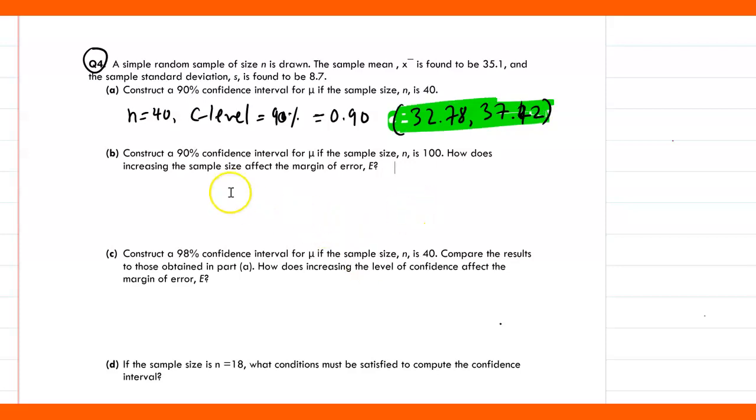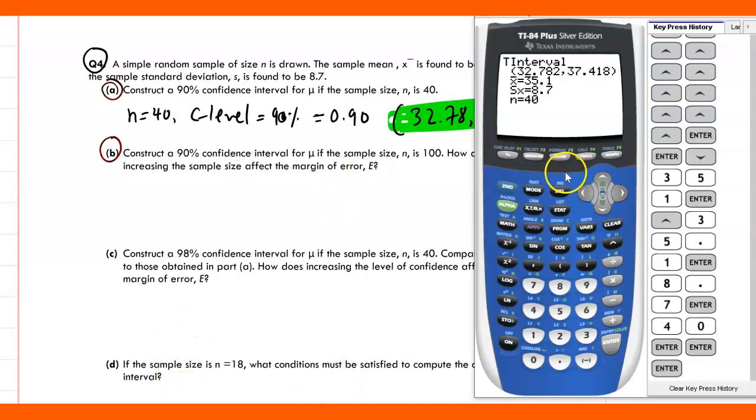Now for part B, you do the same thing. Construct a 90% confidence interval if the sample size is 100. You see that? Between part A and part B the difference is the sample size, and you do exactly the same thing. Let's do that in the calculator.